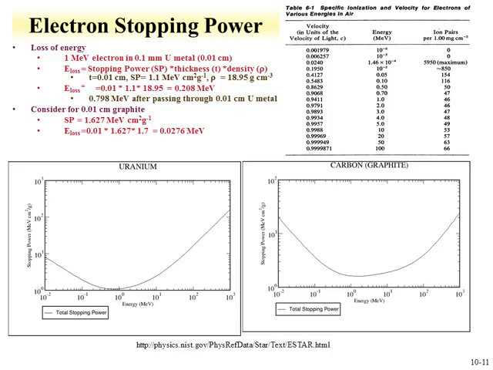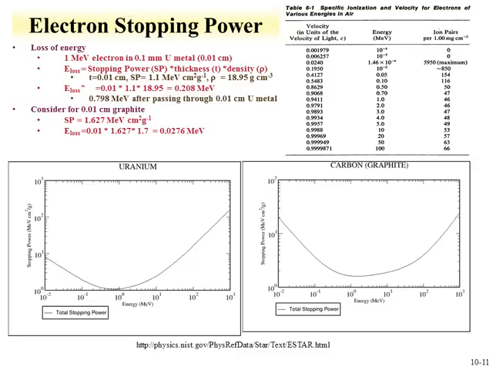The density of uranium, again, is around 18.95 grams per centimeter cubed. We get an energy loss of 0.2 MeV, so we have about 0.8 MeV of energy remaining in the electron after it passes through a 0.01 centimeter thick piece of uranium metal.